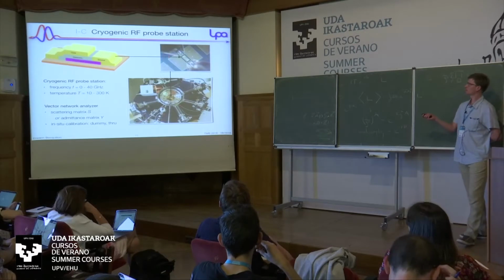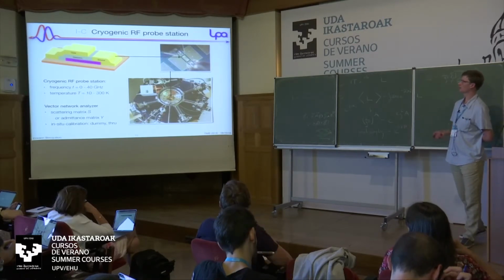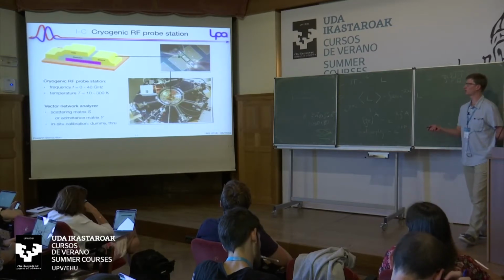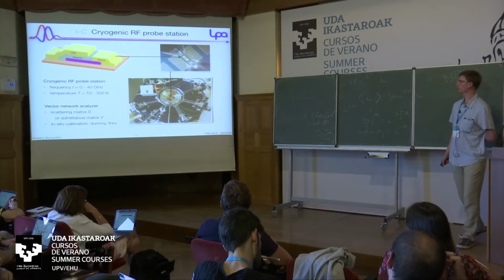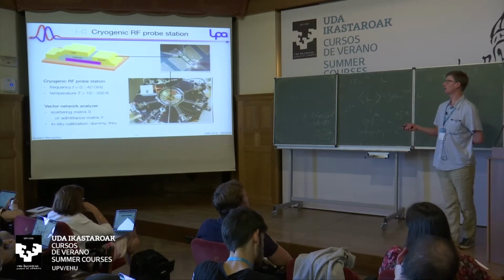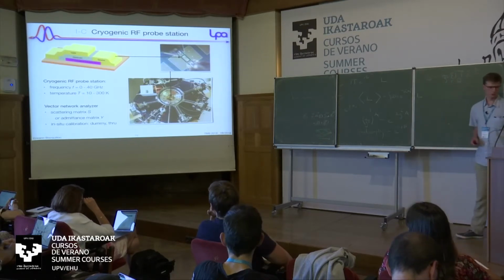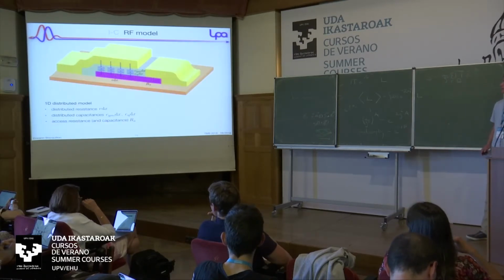We place this waveguide in a probe station that works at 10 Kelvin, and I will show you data only at 10 Kelvin today. And then we measure the admittance of the device, so the inverse of the impedance of the device, and I will show you what we observe.